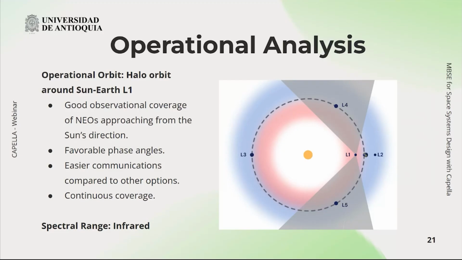And the selected point for this operation is the Lagrange point L1 because it provides good observational coverage for NEOs approaching from the sun direction, which here are represented in the red zone, favorable phase angles, and easier communications compared to other options.